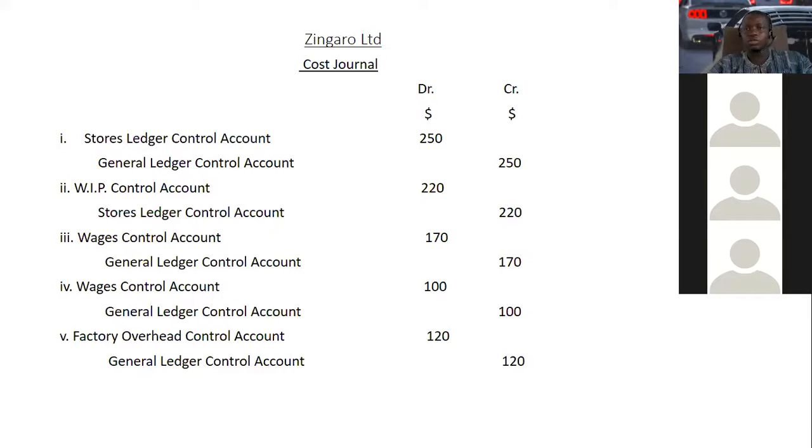But because it's a journal, it's going to affect just wages and the general ledger control account. Because even if it should affect work in progress control account, at the end of the day, we will have to send the difference to the general ledger control account. You get it? All right.